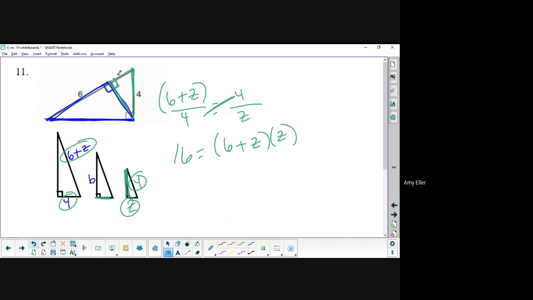We know from here we should be distributing, so let's distribute that z. Z plus z squared. Angelo, I don't think you have this.